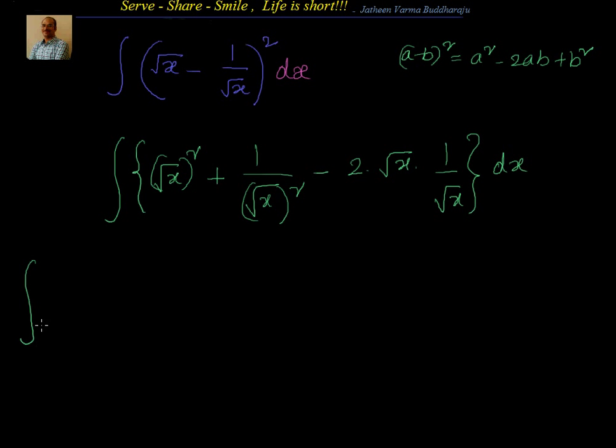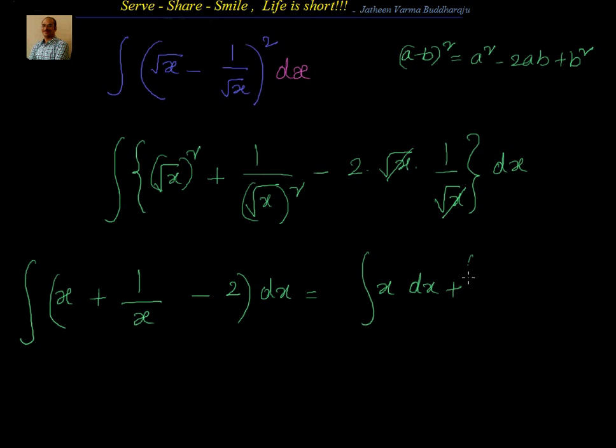This is nothing but equal to (root x) whole square is x, plus (1 by root x) whole square is 1 by x, minus root x cancels, I'll have 2, and I have dx. Now I can separate them and write it as x dx plus 1 by x dx minus 2 dx.